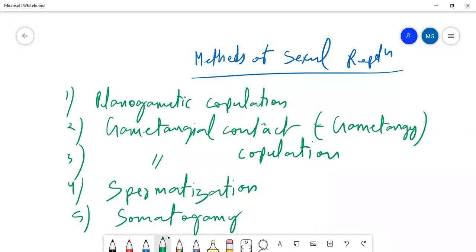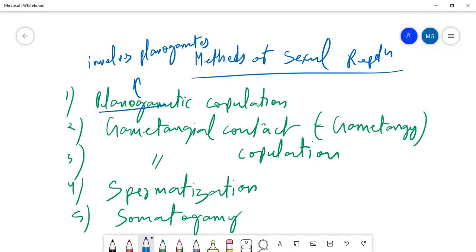When I say planogametic copulation, what are planogametes? Planogametic means it involves planogametes. What did I tell you about spores which have no flagella? We call them aplanospores, remember? Spores without flagella we call aplanospores, in asexual reproduction. And spores which have flagella we call zoospores.